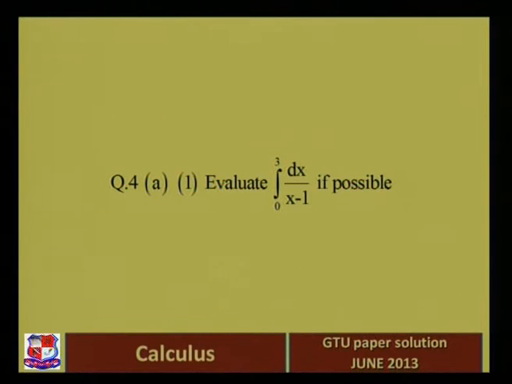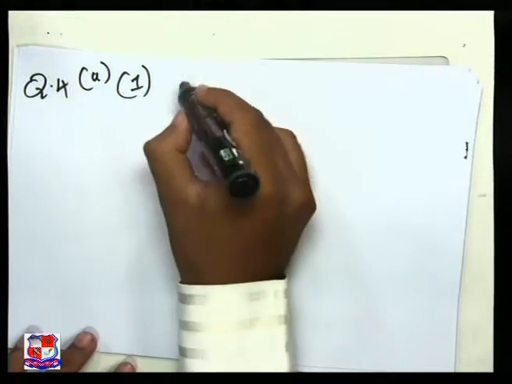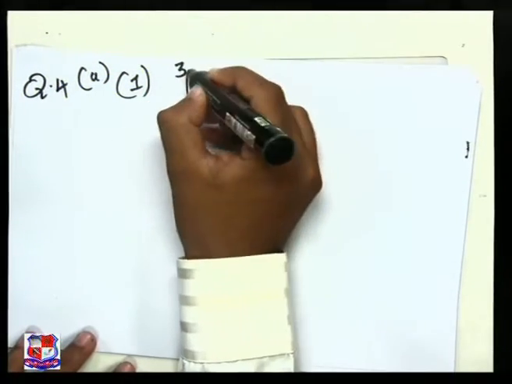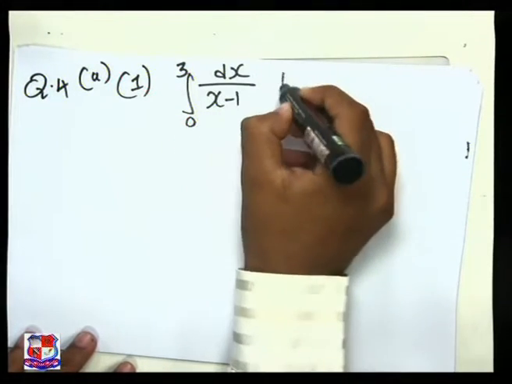First part: evaluate integration from 0 to 3 dx upon x minus 1, if possible. So question number 4A, first part, that is integration 0 to 3 dx upon x minus 1.